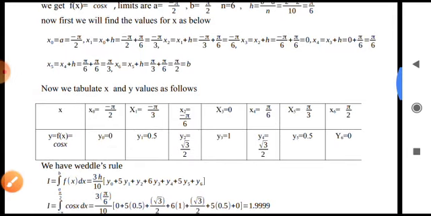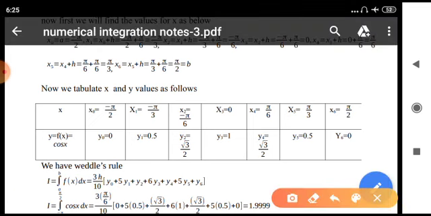Now we tabulate x and y values as follows. Once again, dear students, note that here f of x is cos x, so we have to use the calculator in radian mode. x0 is minus pi by 2. For this x0, the corresponding y0 will be cos of minus pi by 2.